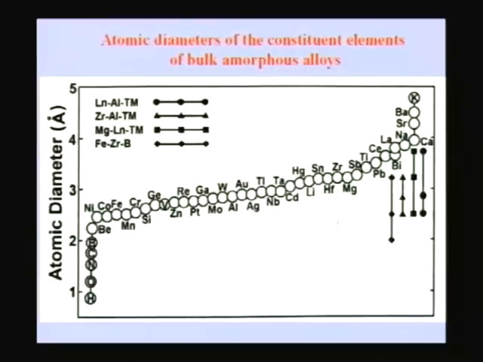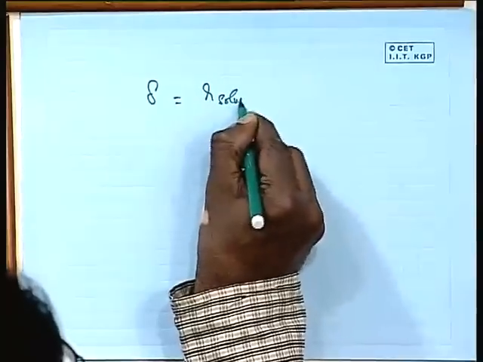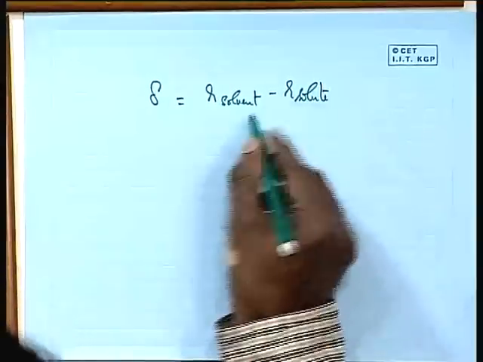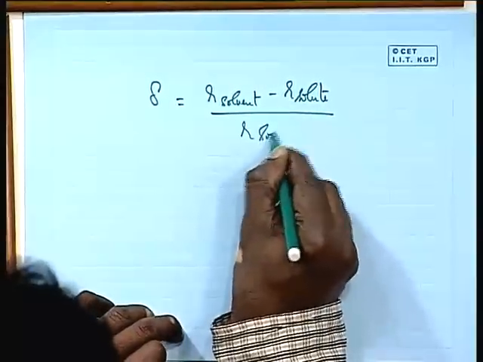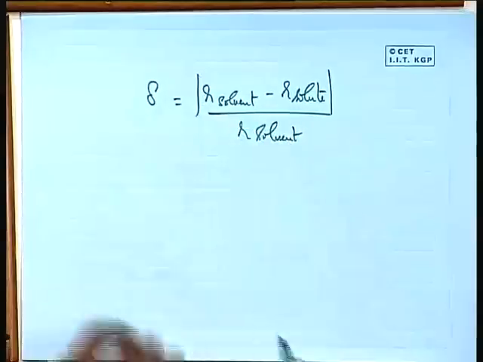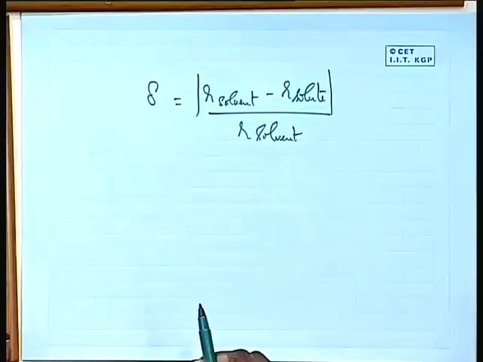Yes. So that is what we call delta, which is R solvent minus R solute divided by the R solvent, the modulus of it. Obviously, because the solute can be bigger or smaller, we do not know.